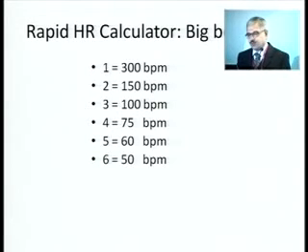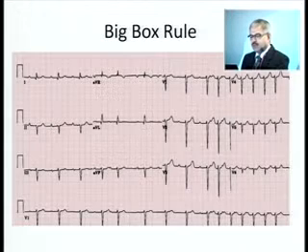That's 300 beats. 2 boxes, 150 beats. 3, 100 beats. 4, 75 beats. 5, 60 beats. So beyond 60 it is bradycardia. You see, quickly you can go through that. So between the rule of 3 and 5 you can quickly apply it and get to what your heart rate is. Is it near 3 or 4 or 5, you can decide. So I call it the big box rule. This is my own coining of the term.